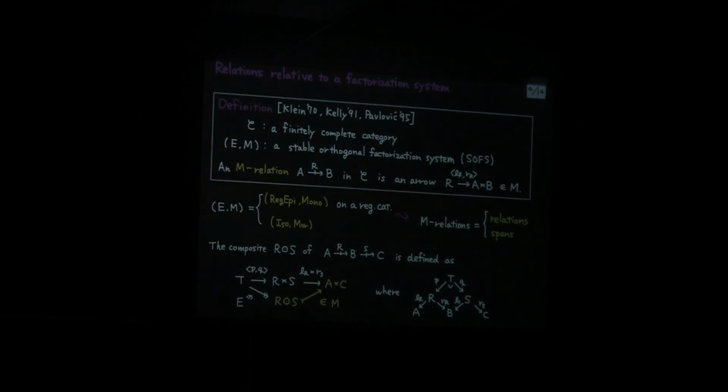It's defined like this. It involves a pullback in the category C and factorization with respect to that factorization system. But the point is, thanks to the stability of this factorization system, meaning that the left class is stable under pullback, we know that this composition is associative and unital up to isomorphism, which leads us to define the double category of M-relations.